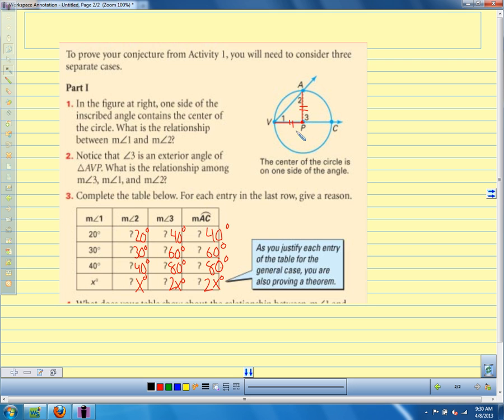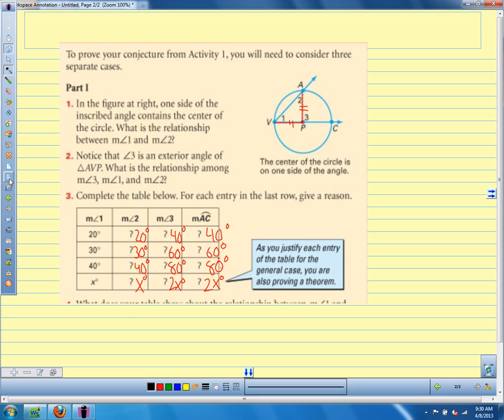And we figured that out by drawing a triangle here. Two sides of the triangle were radii, so they're congruent. And we could figure out the measures of those angles and how the measure of the inscribed angle compared to the measure of the intercepted arc. That's going to be our theorem about inscribed angles.